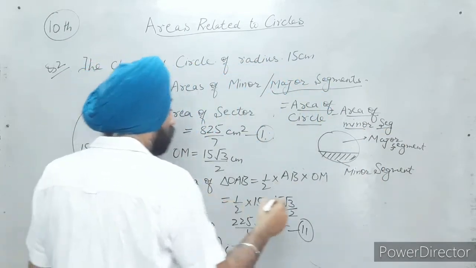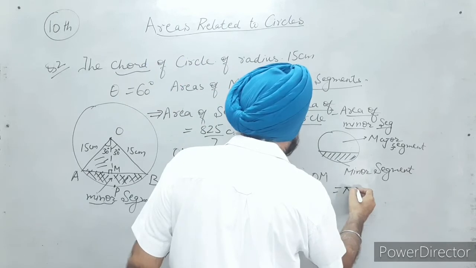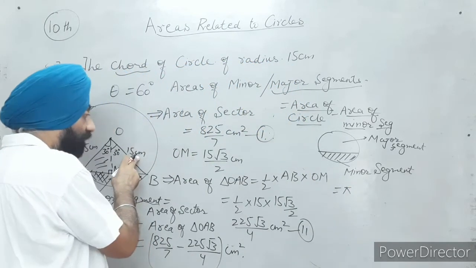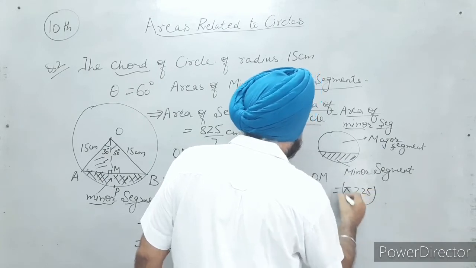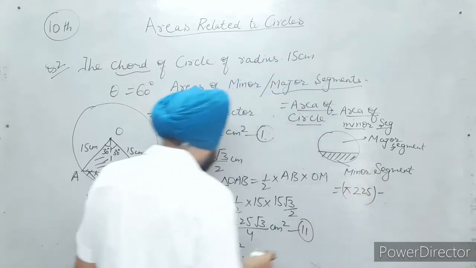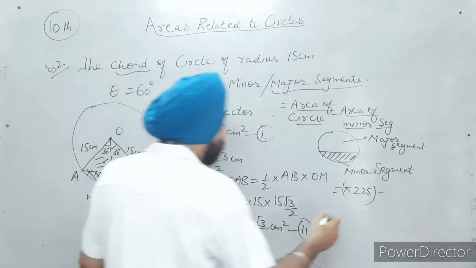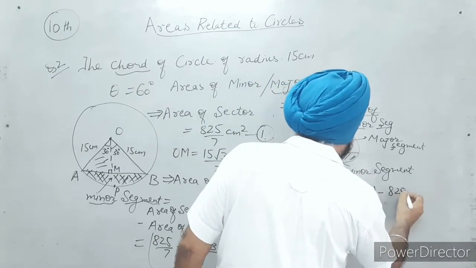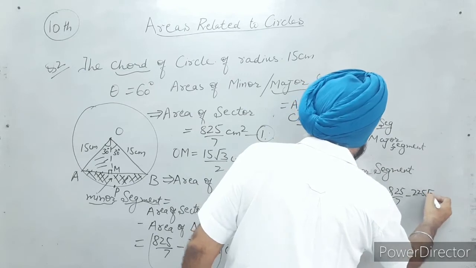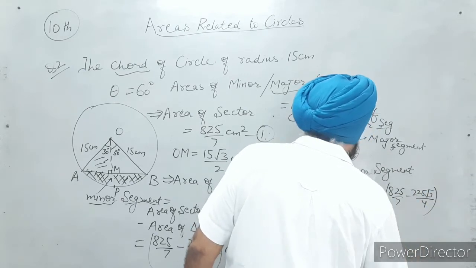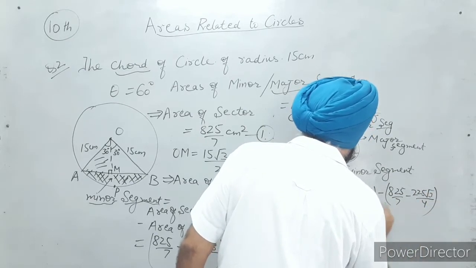Now area of the circle will be pi r squared. Radius is how much? 15. 15 squared is 225, minus the area of the minor segment, which is 825 by 7 minus 225 root 3 by 4 centimeters square is the answer.